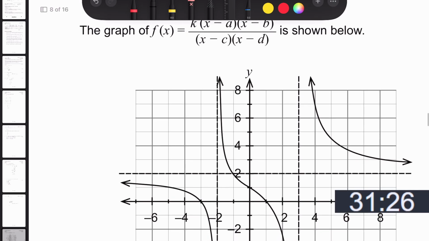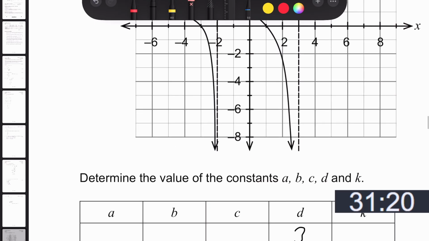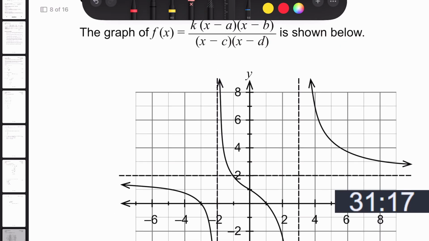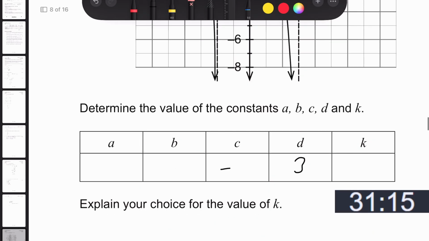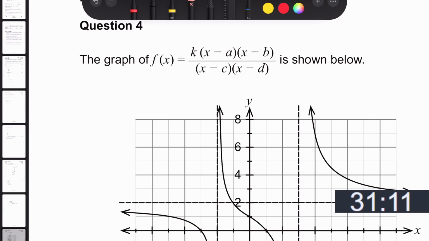No, C is -2. And D is 3. And C will be -2, because then that would be x minus -2, so it'll be x plus 2.